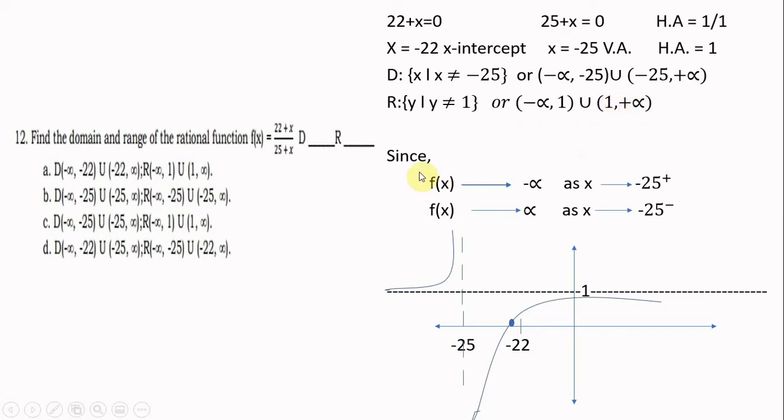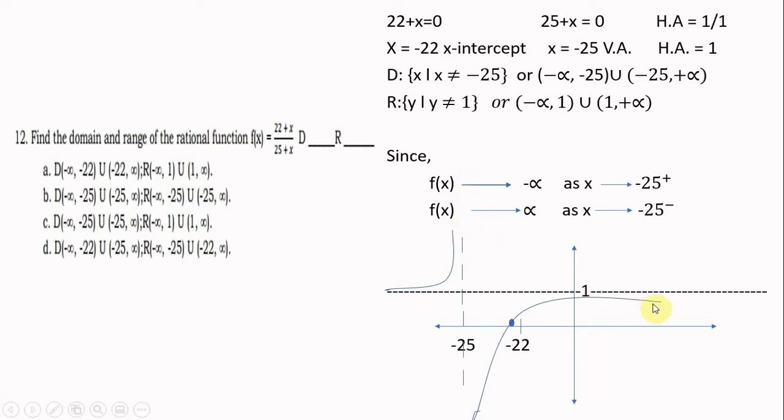Okay. Now, basing on the graph, if we graph this one, it looks like this. The graph doesn't touch the horizontal asymptote, which is 1. When the value of x is coming from the left of negative 25, the function increases infinitely.